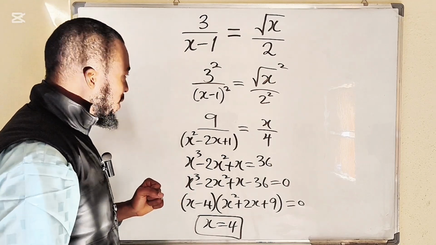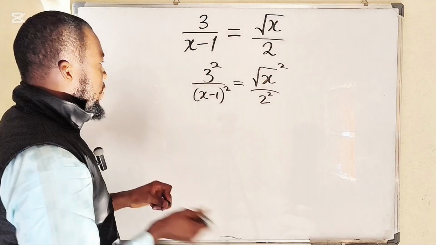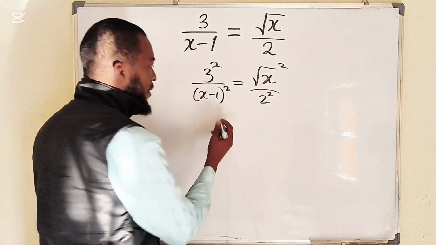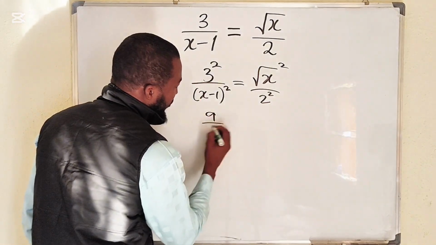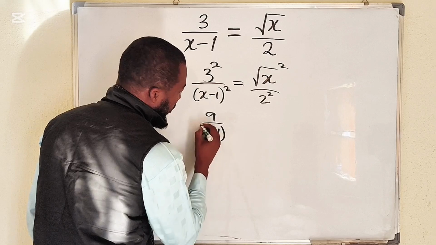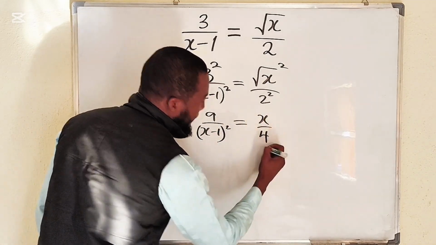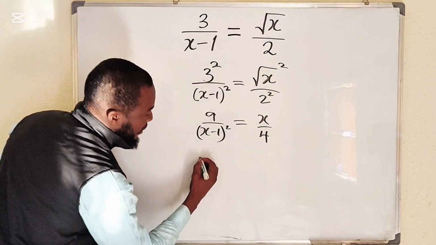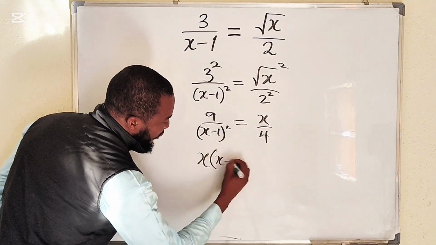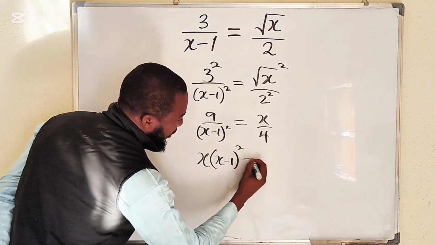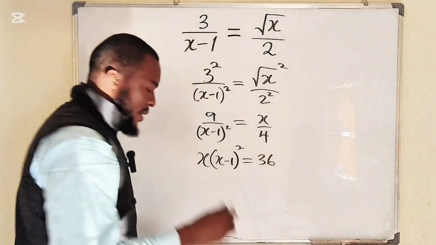But let me show you something very interesting. We know that this is 9, right? 9 divided by x minus 1 squared equals x divided by 4. You cross multiply. This is x times x minus 1 squared equal to 36.